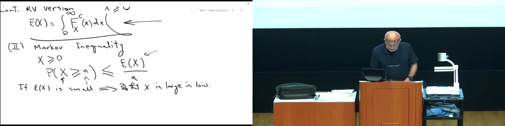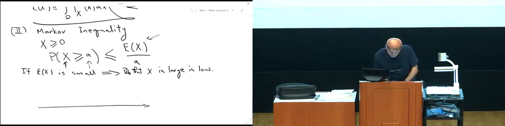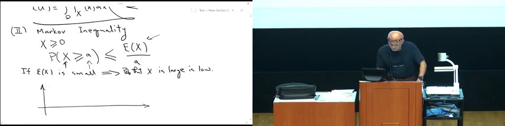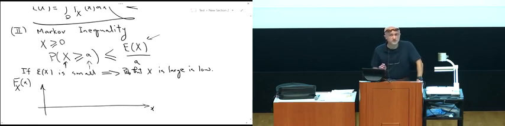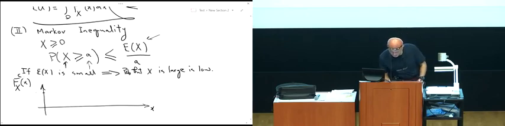Can you talk to your neighbors and figure out how you would draw the complementary CDF for some typical reasonably behaved random variable that is non-negative? Remember, we're talking about non-negative random variables here. Complementary CDF. At 0, it's what? 1, because all the probability is sitting to the right of 0. So you know that the curve starts at 1.